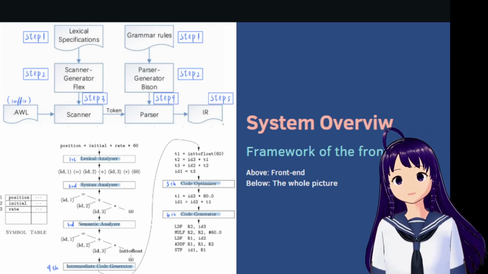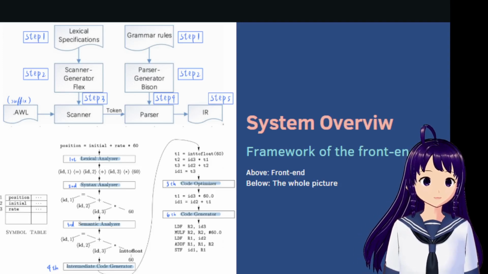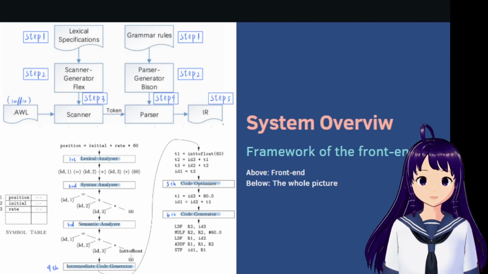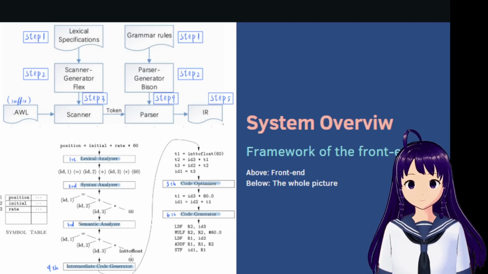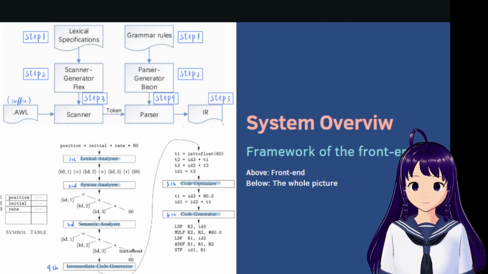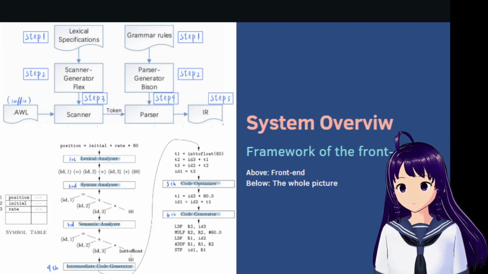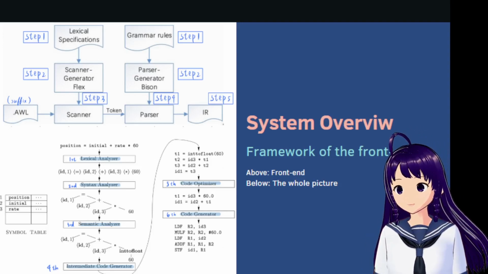Then we automatically generate the scanner and the parser. Step 3. The scanner analyzes a sequence of characters derived from the source file and converts them to predefined tokens. Step 4. The parser figures out the relationship among the input tokens. And step 5. We got IR.